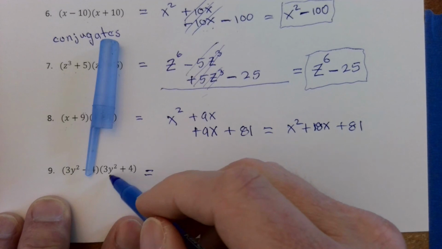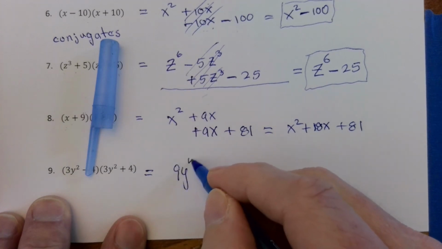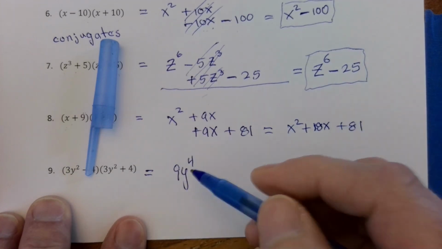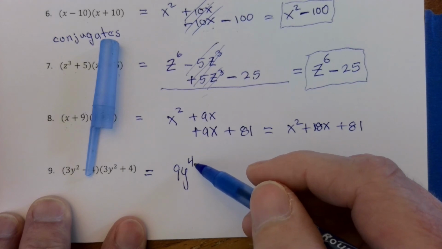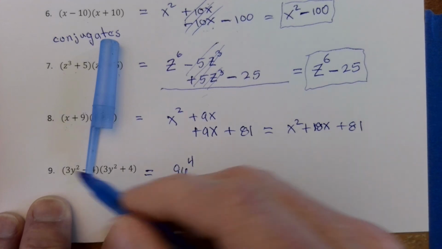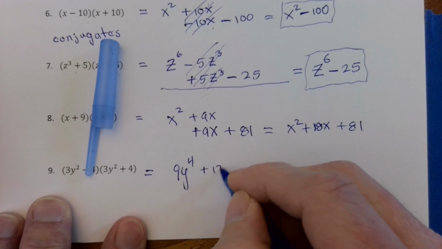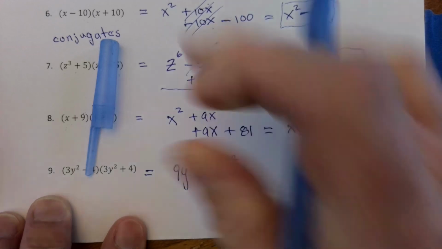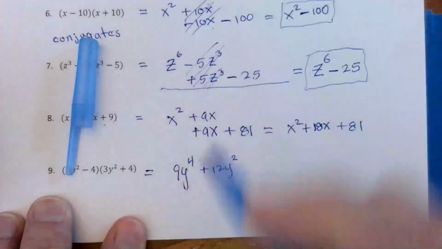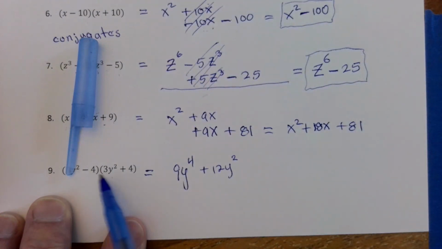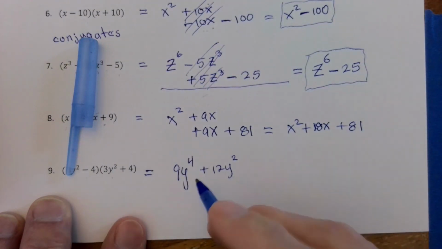Okay, 3y squared times 3y squared is 9y to the 4th power. Yes, the power does go up because we're multiplying. 3y squared times 4 is 12y squared. You're going to get another copy of 12y squared here, but this time it's minus.